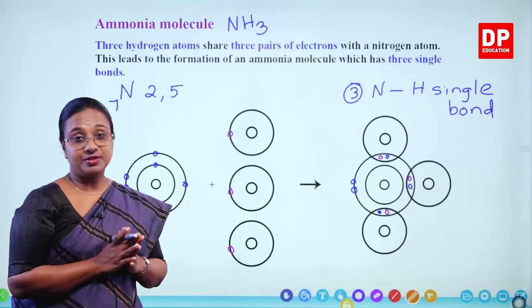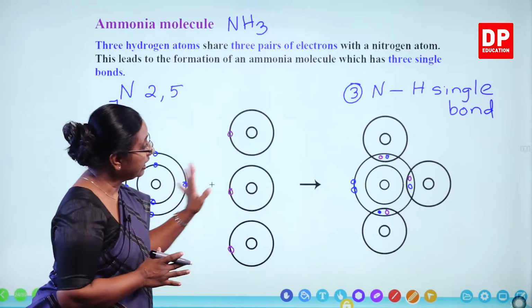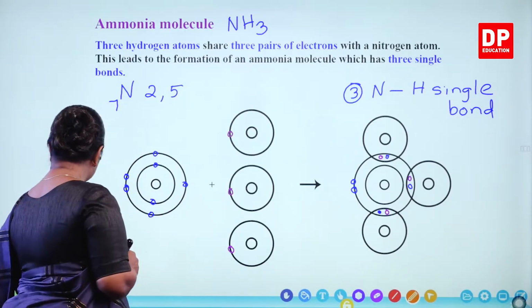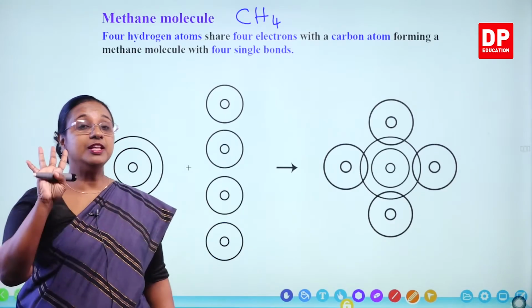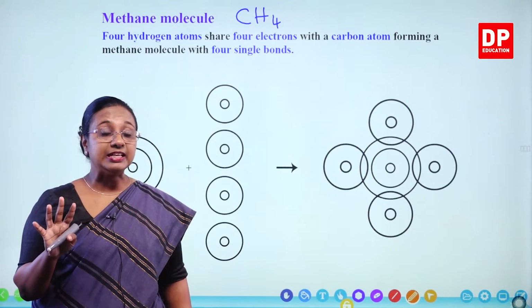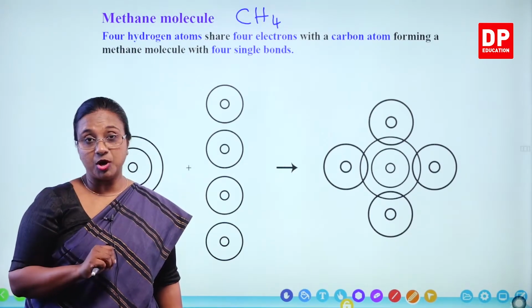Is that okay, students? So then we will move on to the next example where we look at methane molecule. So you know the chemical formula of methane, CH4. 1 carbon with 4 hydrogens. So that again has 4 single bonds.